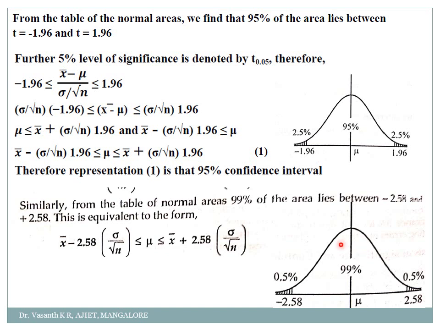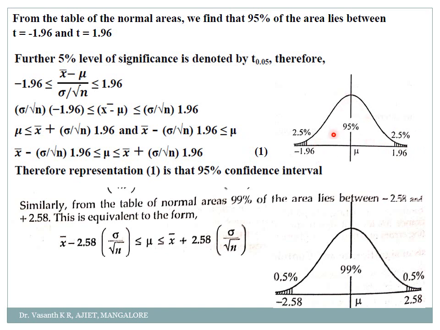Next. From the table of normal areas, we find that 95% of the area lies between minus 1.96 to plus 1.96. That is 5% level of significance, and therefore it is denoted by z of 0.05. 5% means 2.5% on the negative side, 2.5% on the positive side.